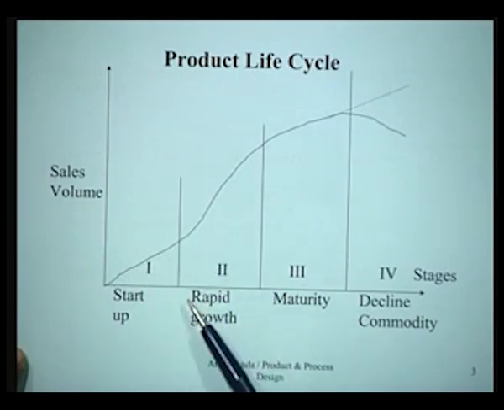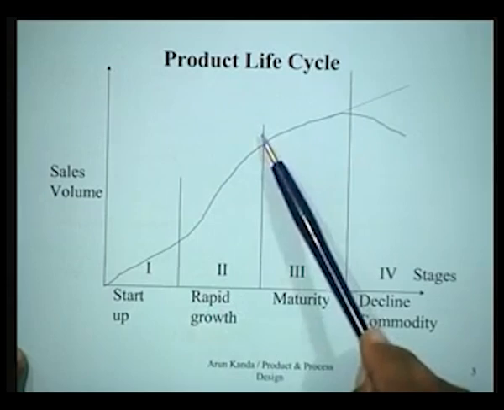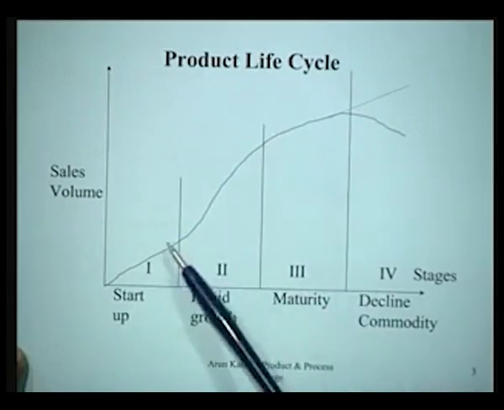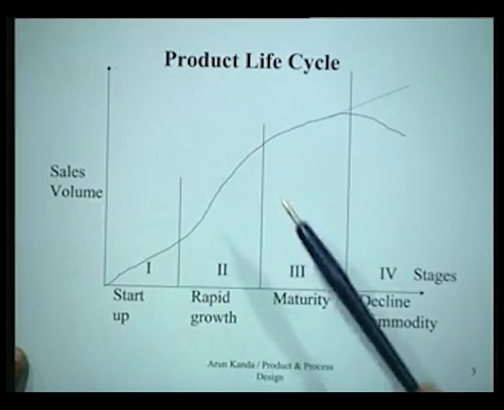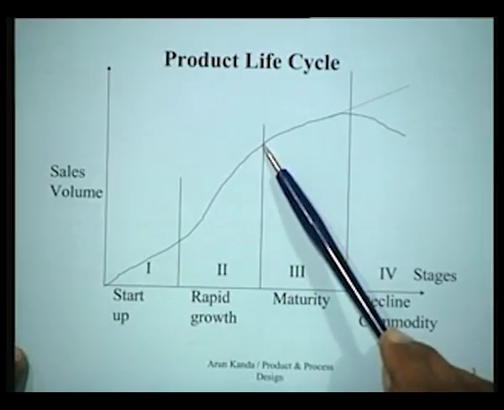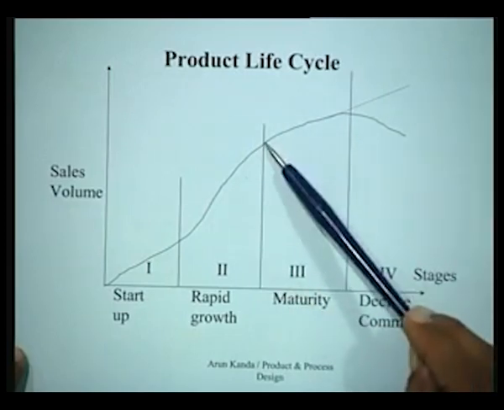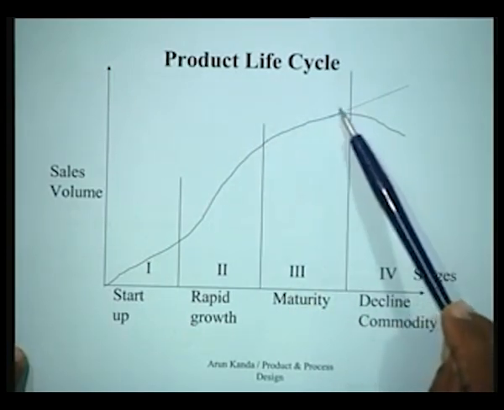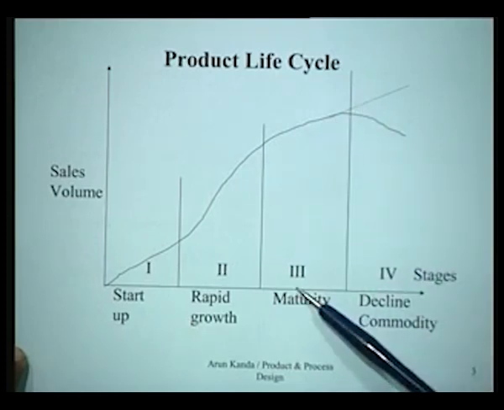Thereafter comes a stage when the product picks up in popularity, where there is a period of rapid growth of the product. So the slope here tends to grow up suddenly, and then after the product has grown to a significant extent comes the stage of maturity, where product volumes tend to stabilize. So that is the stage of maturity of the product.